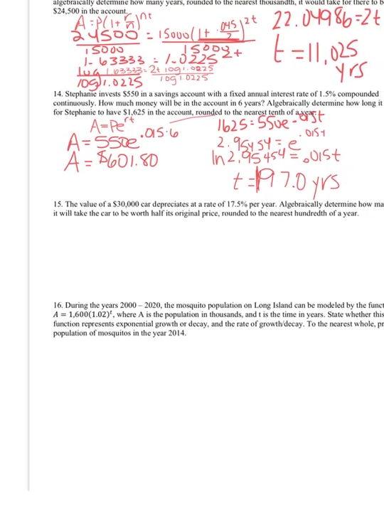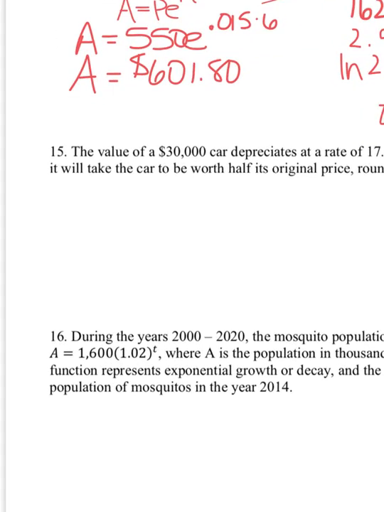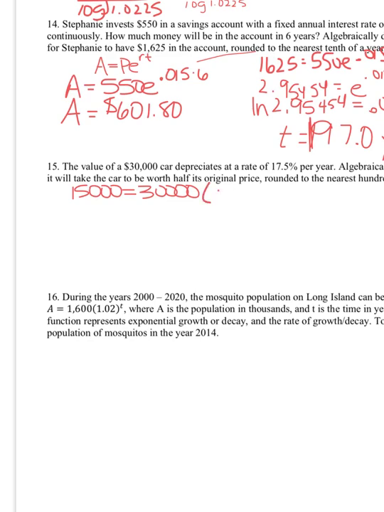Number 15, the value of a $30,000 car depreciates at a rate of 17.5% per year. How many years will it take for it to be half of its original price? So it was 30,000. We want it to turn into 15,000. This is regular exponential decay. So it's 1 minus 0.175 raised to the power of t.